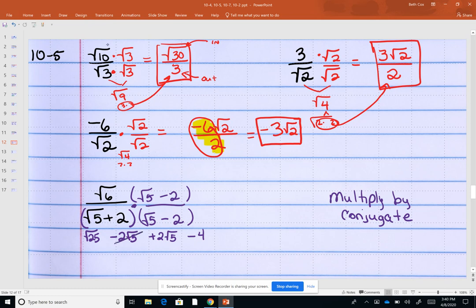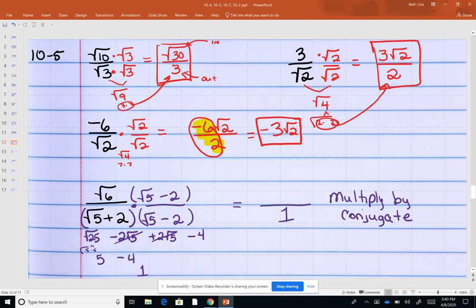Okay, those two make 0. And the square root of 25, that breaks. The 5's get out of the house. 5 minus 4 is 1. So that's my denominator.